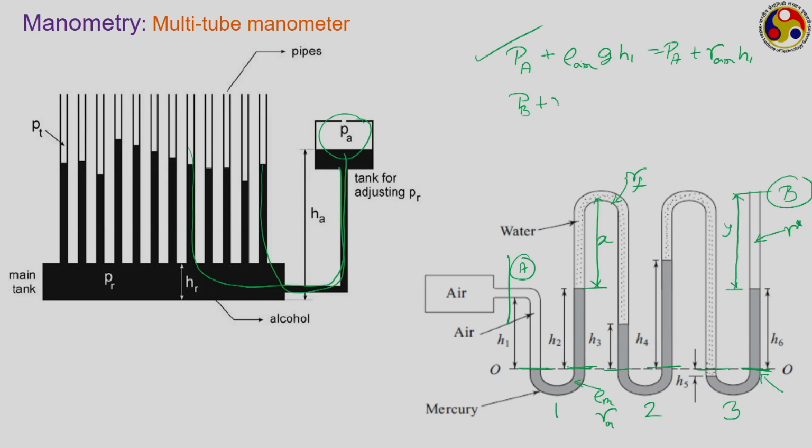So, PB plus gamma star into y plus, if this fluid has gamma m, the same manometric fluid, gamma m into H6. Now, this has to be equal to the earlier value, gamma air into H1, because this is the same line that we are talking about.